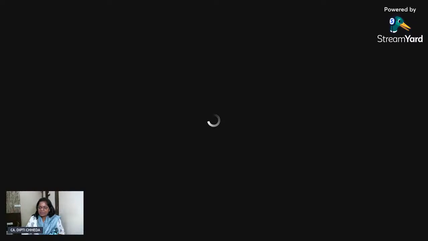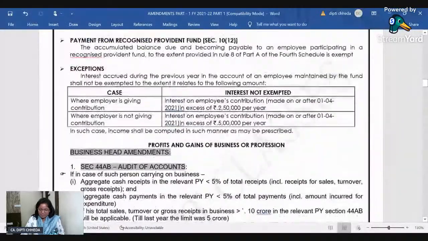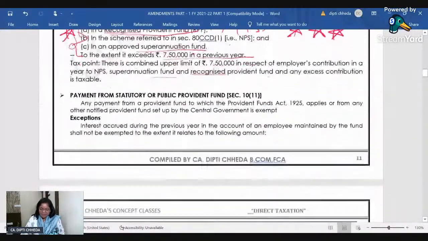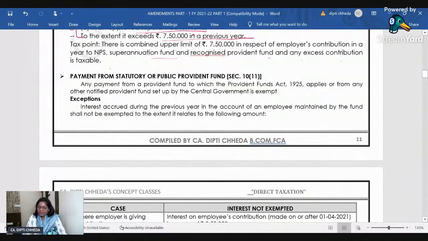Let us read right now from the screen what is the second most important amendment in the salary chapter. Chalo, look at the screen. Any payment from PF to which the Provident Fund Act applies or from any other notified fund is exempt.